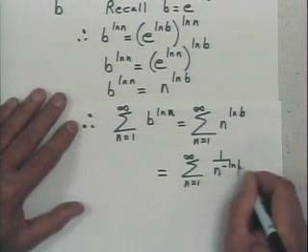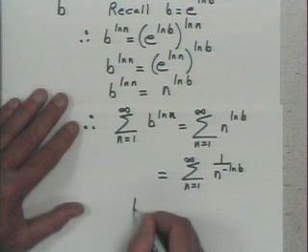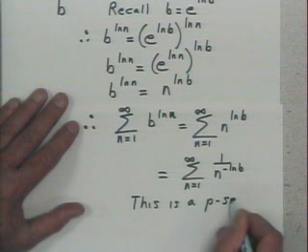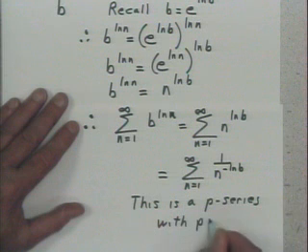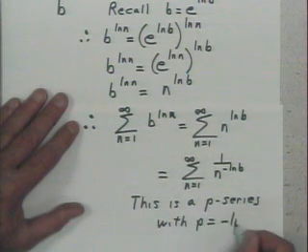Negative natural log of b, right? This is a p-series with p equal to what? Negative natural log of b.